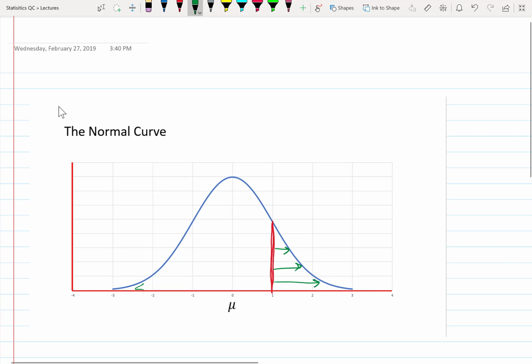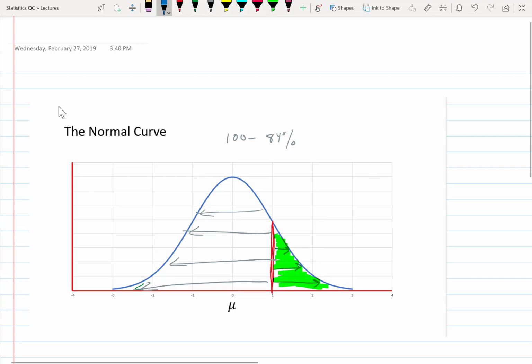Well, in the previous example, we found out that this total area here represented 84% of everybody in the distribution, and we know that the entire distribution is 100%, then we can clearly get this green area over here with simple subtraction.